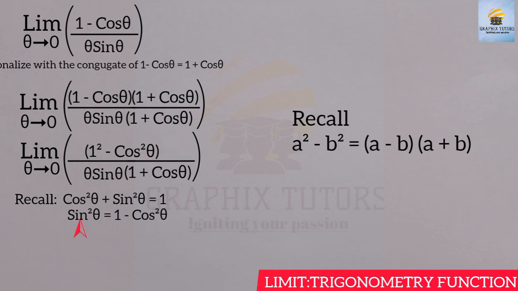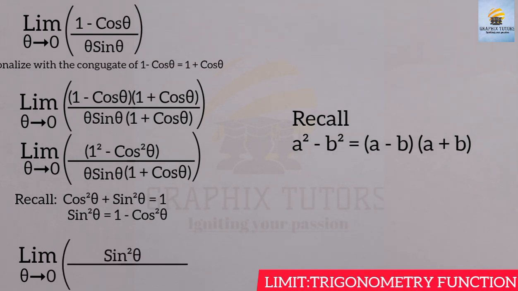So this will now give me a new expression, written as the limit of theta tends to 0. The numerator will now be sin square theta all over theta sin theta multiplied by 1 plus cos theta. They will be in brackets. Is that taken? Now, this is what we have here.